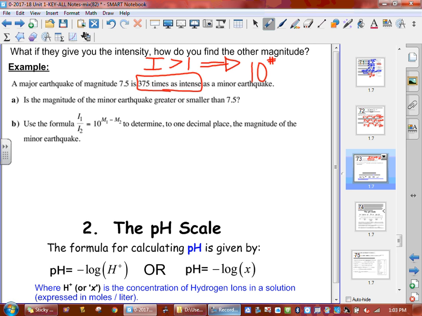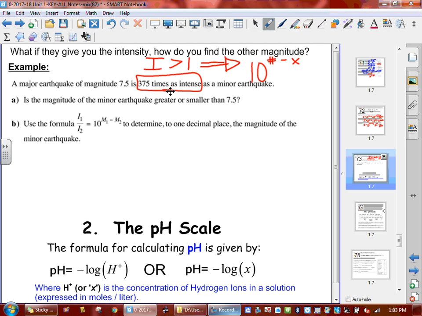Because they're talking about a big earthquake subtracting a small earthquake. That's the only way you're going to get an intensity that's greater than 1, where you're taking a big earthquake subtracting a small earthquake. So, they're telling you you've got 375. Well, 375 is greater than 1. So we're going to set up our equation like this.